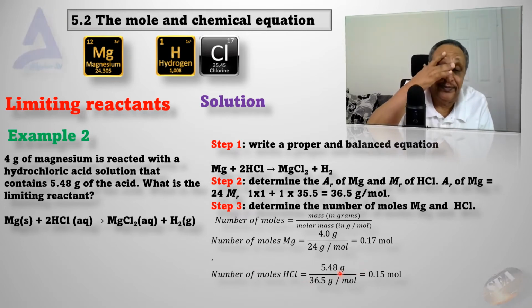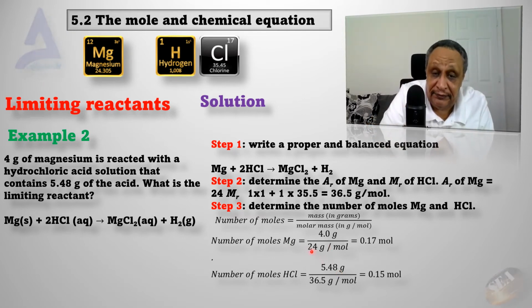That means I have to divide 5.48, which I bring from here, over the 36.5, which is the one that I calculated for the molecular mass, and that is going to be 0.15 mole.